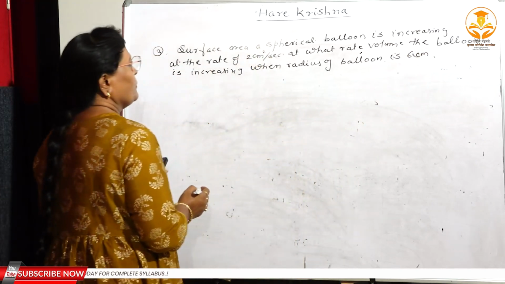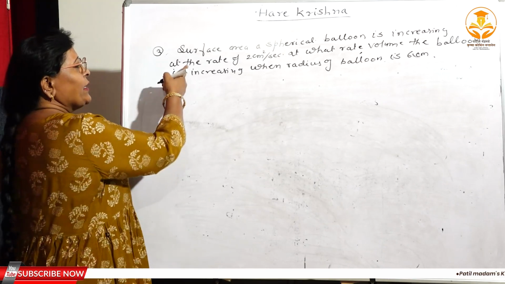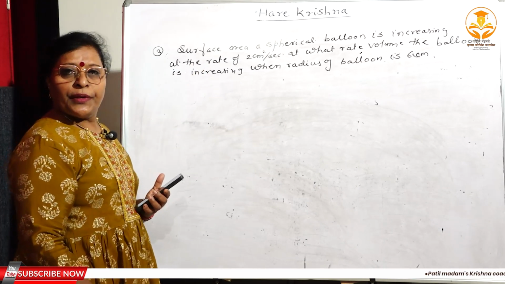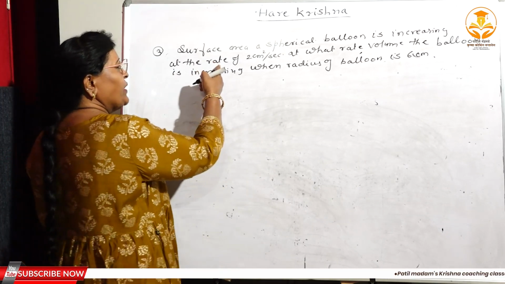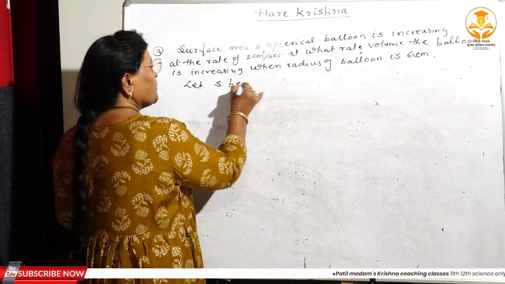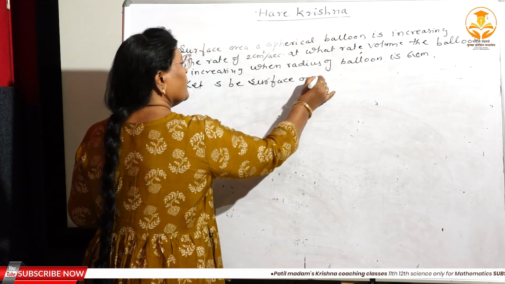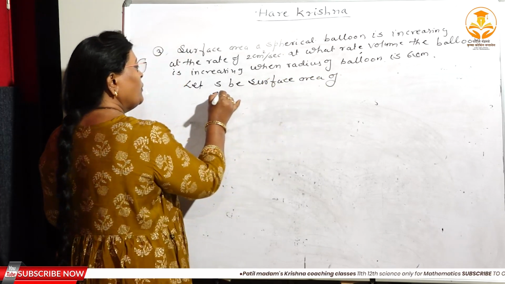Again, very simple. The surface area of the spherical balloon is increasing at the rate of 2 centimeter square per second. Means they have given the rate of the surface area. Therefore, let S be the surface area of the spherical balloon.